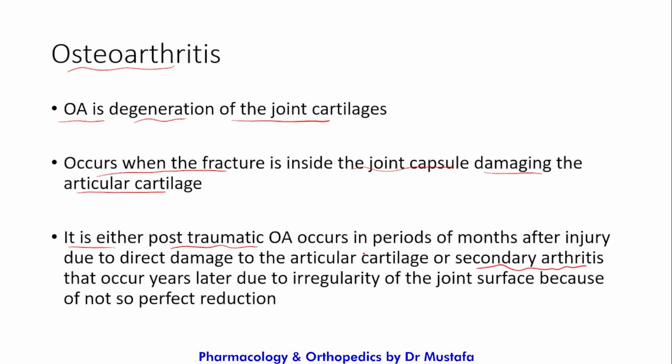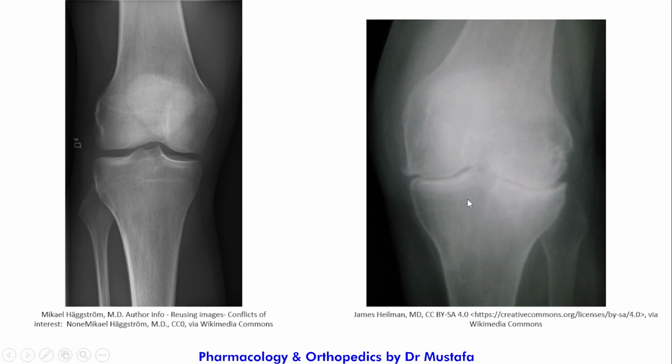So in the post-traumatic, it occurs within months after the injury due to direct damage to the cartilage, and the secondary arthritis occurs years later due to irregularity of the joint surface because of a not so perfect reduction. So the first one is that there is a trauma to the articular cartilage, and the second one, the reduction is not perfect, so it would lead to secondary osteoarthritis.